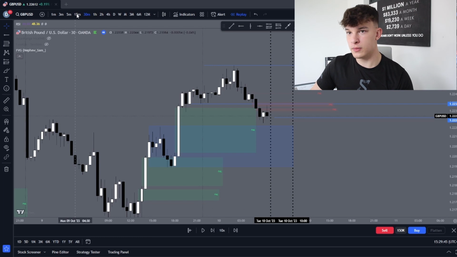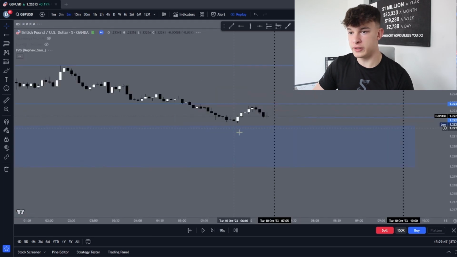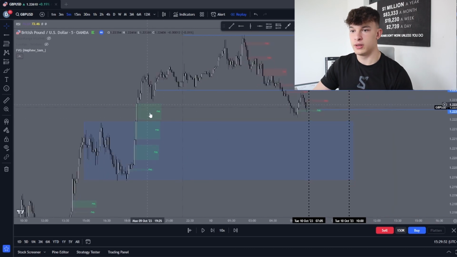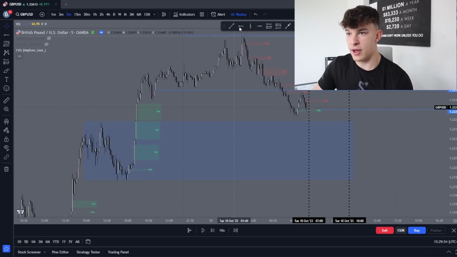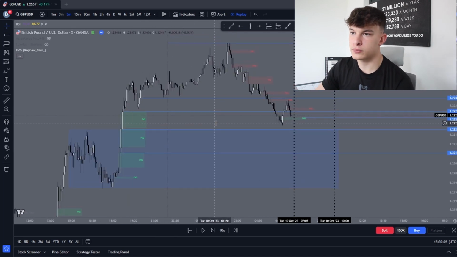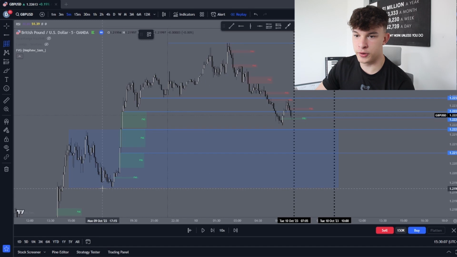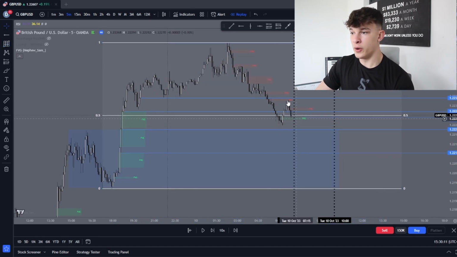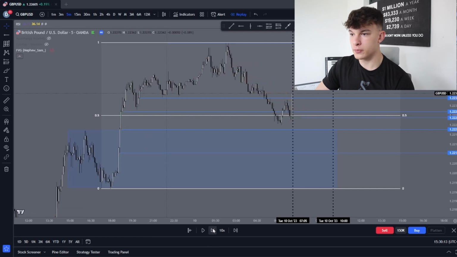Pulled into it, and if we drop to the 5-minute time frame, we'll get a better idea of our entry. So we had these three fair value gaps. If we mark out each one, we had this first one, second one starting here, and the third one down here. We also had equilibrium of this short-term move right around where we opened at market open.